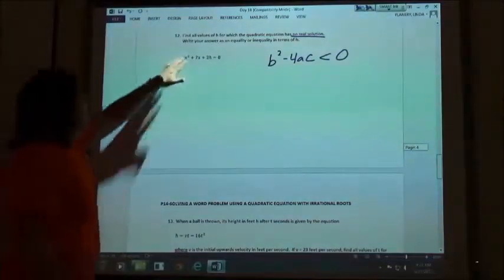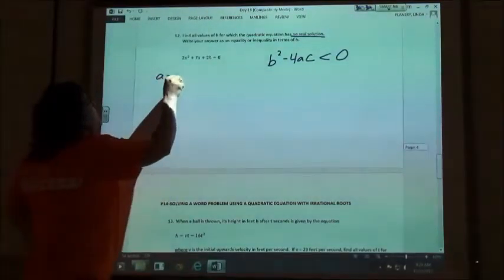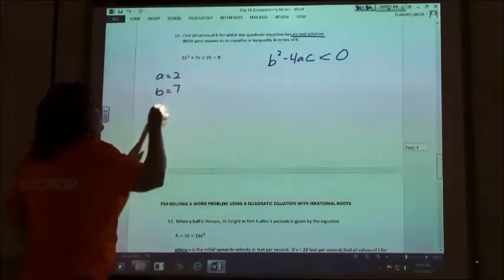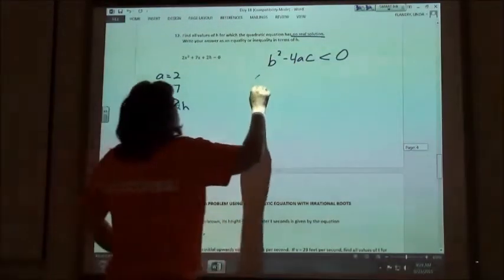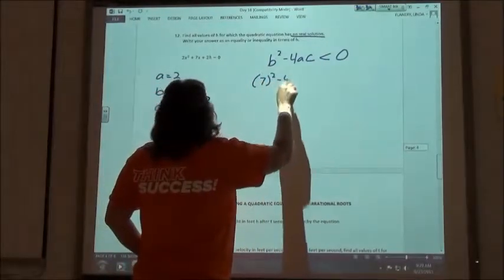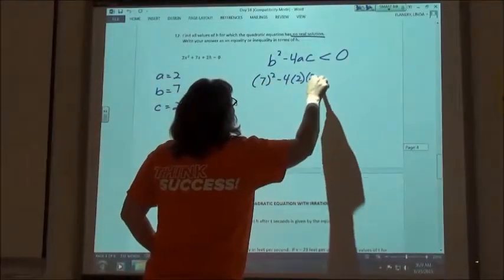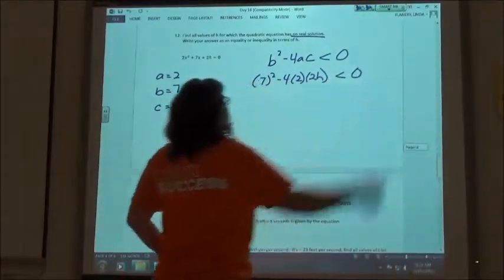So those are the 3 ways you're going to have to see those to set those up. And so a is going to be 2, b is going to be 7, and c is going to be 2h. So 7 squared minus 4 times 2 times 2h is less than 0.